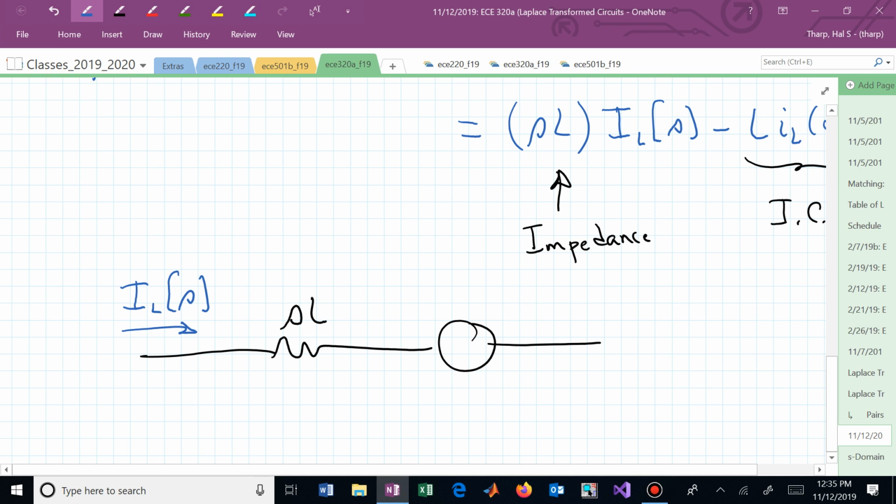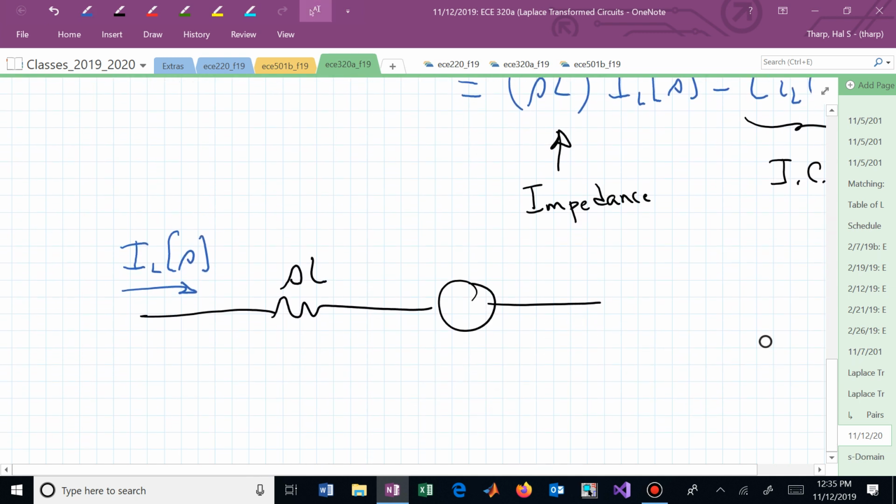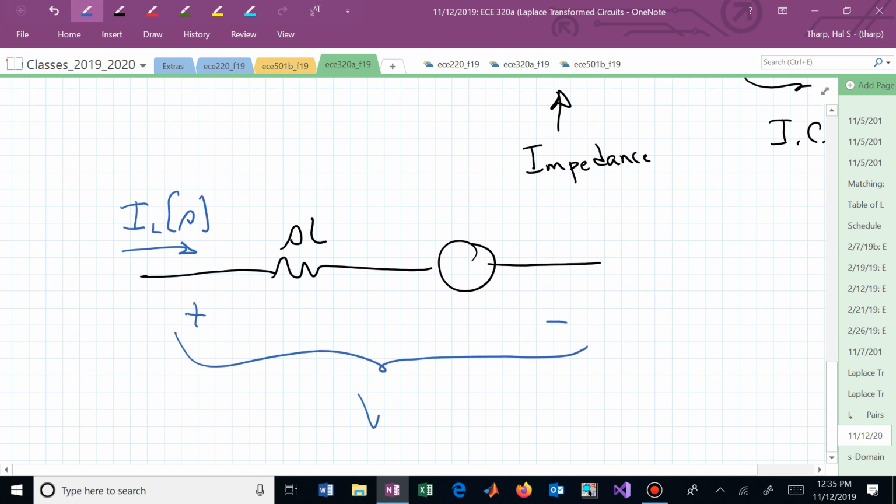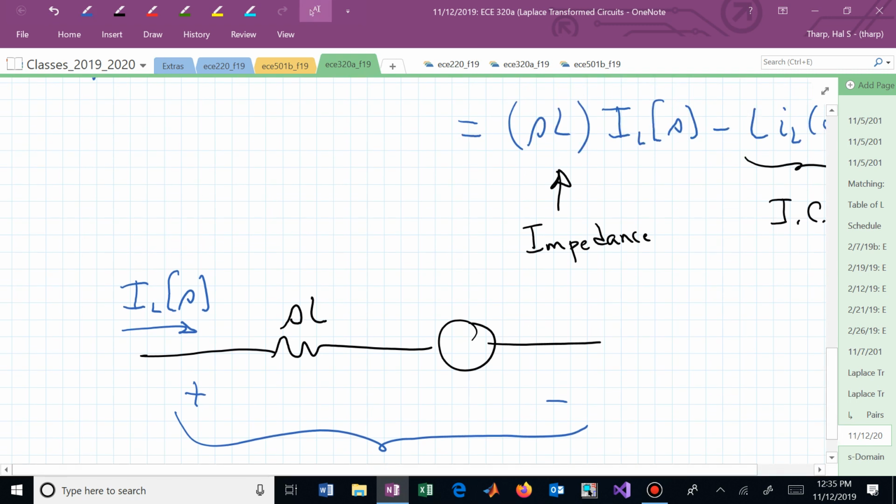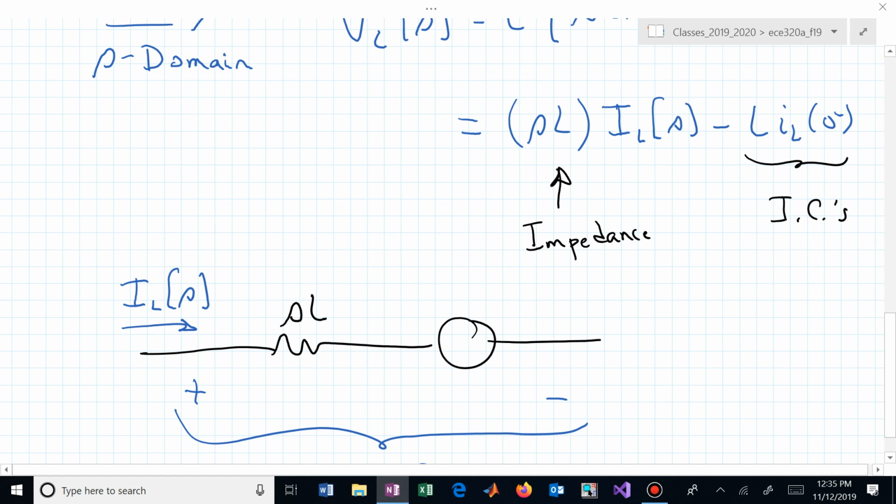And now what we know is that if you need to know the actual value of the inductor's voltage, you need to incorporate both pieces, both terms. You can't just say, oh, the voltage on that inductor is just due to the impedance SL. There's actually this initial condition piece.